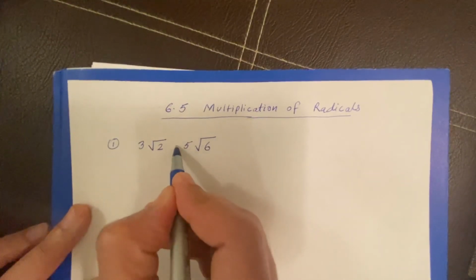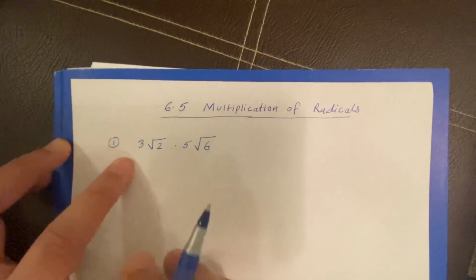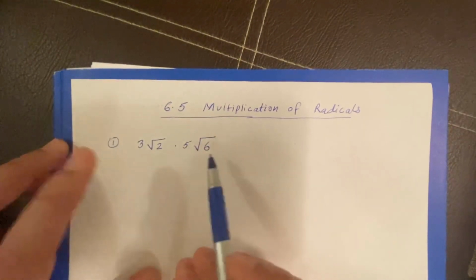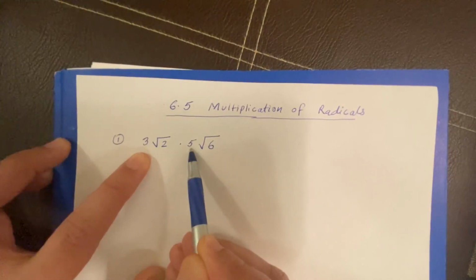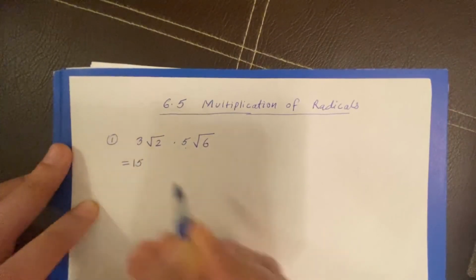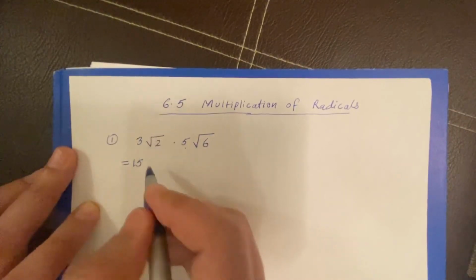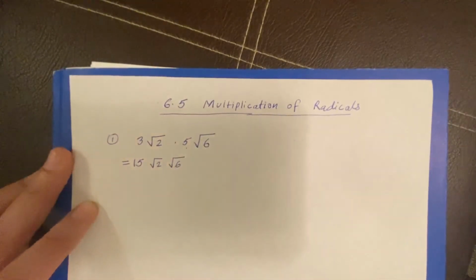We are multiplying. So whenever you're multiplying, you just have to multiply everything. So just multiply first 5 and 3, which is 15, and still we have this square root of 2 times square root of 6.